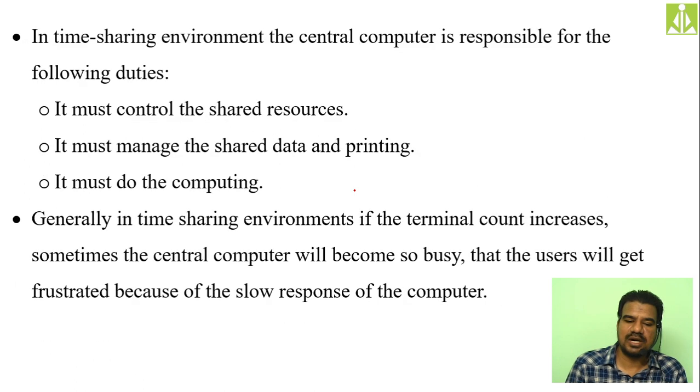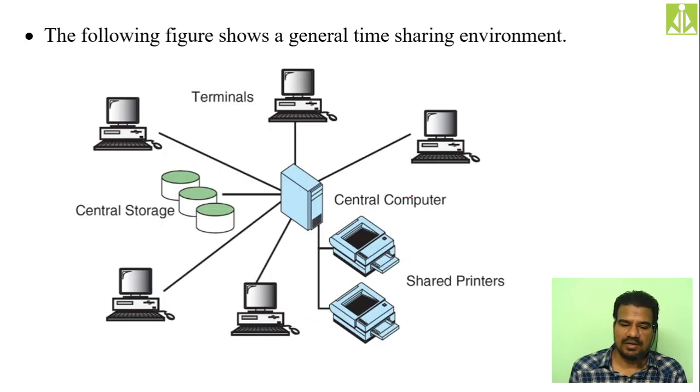I will show you that over here. See here, the central computer has the CPU, and all these devices are dummy devices. They don't have any CPU. They have other components, like RAM and all the input output devices, as you can see here, but they don't have the CPU. They don't have any storage capability or printing capability.